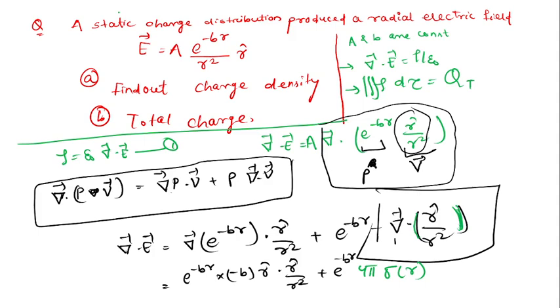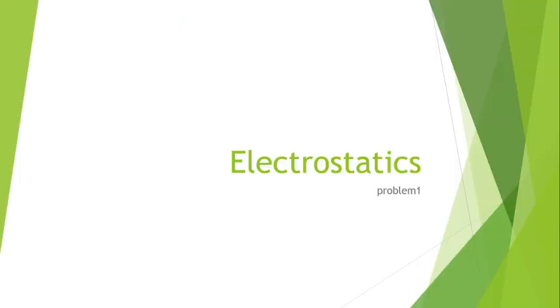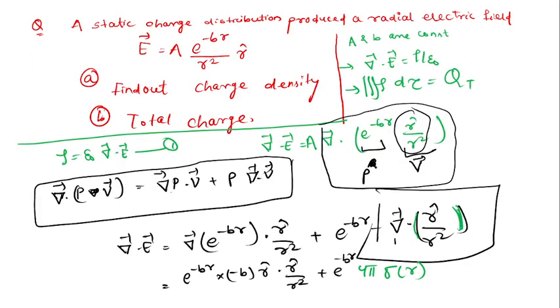So now what are we left with? We are left with del dot E is equal to A into minus b e to the power minus br, and r cap dot r cap is 1 because r cap is a unit vector, so we get minus b e to the power minus br upon r square.